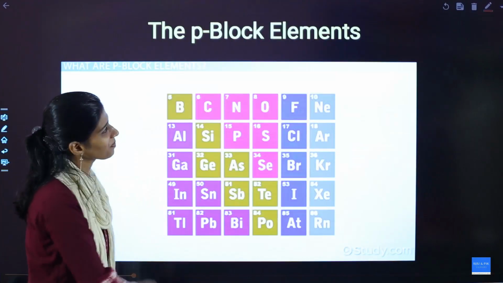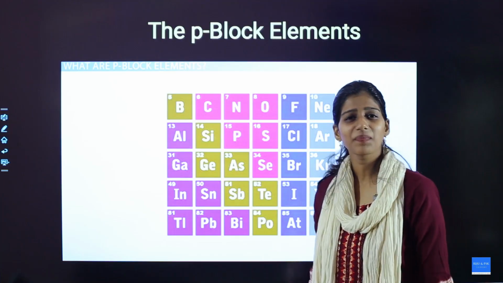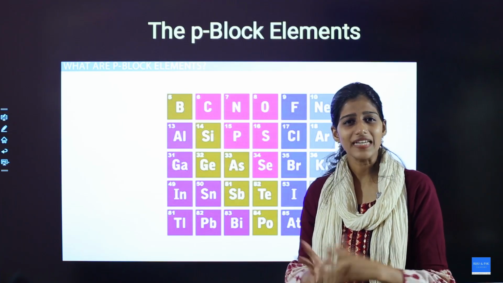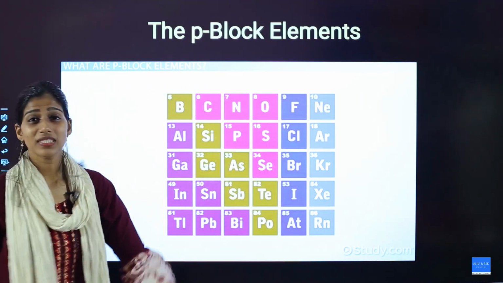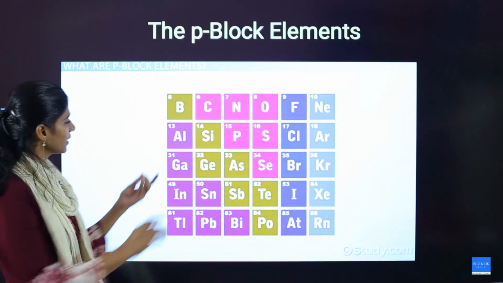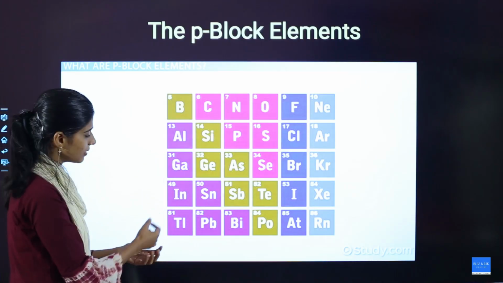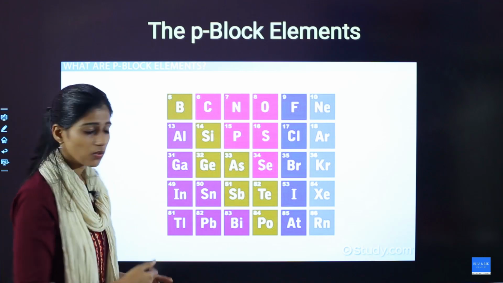Yes, so we are in the next slide, p block. This is also very easy, similar to the s block, very easy to learn. Here you see all the elements. You have the 13th group, which is boron, aluminium, gallium, indium, thallium. You should pronounce with me after me. Okay.